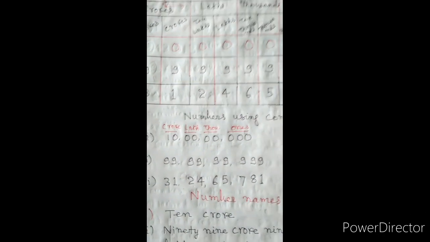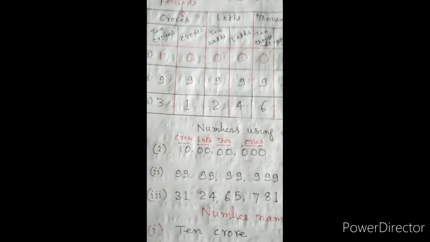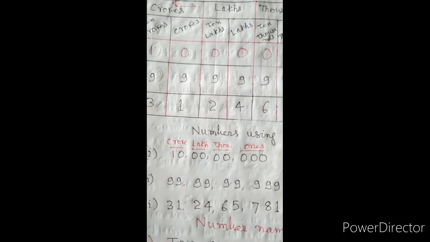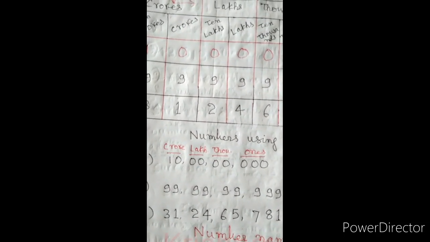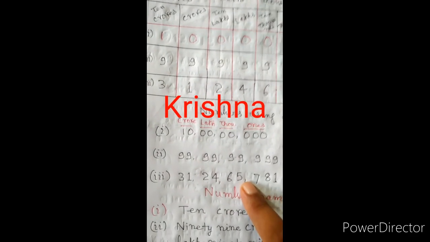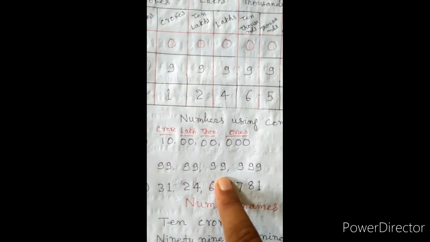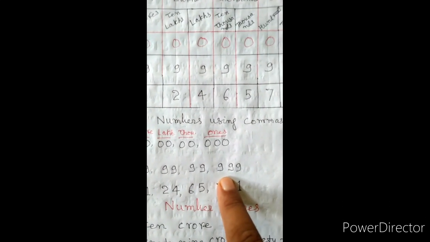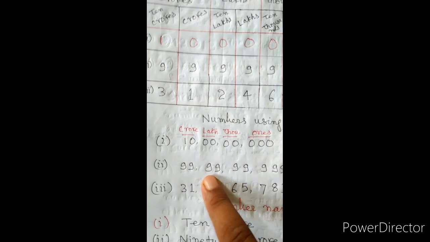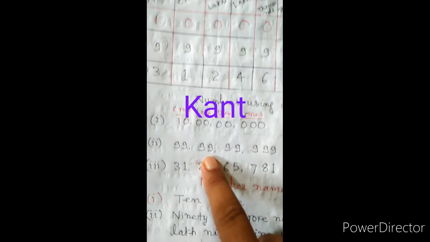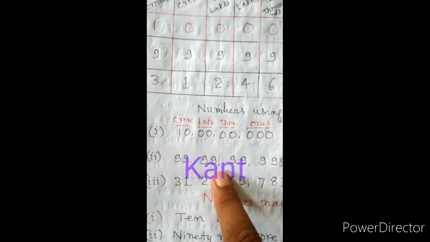This is a number which is 10 crore and commas are used here. Next example is 99 crore, 99 lakh, 99,999. The digits are separated by comma and they are showing periods.